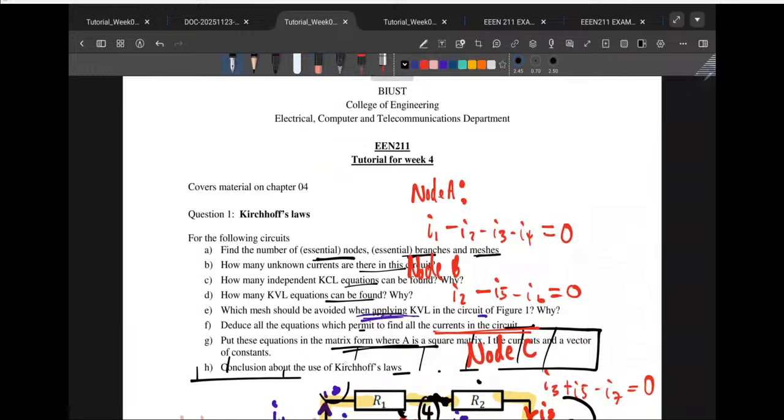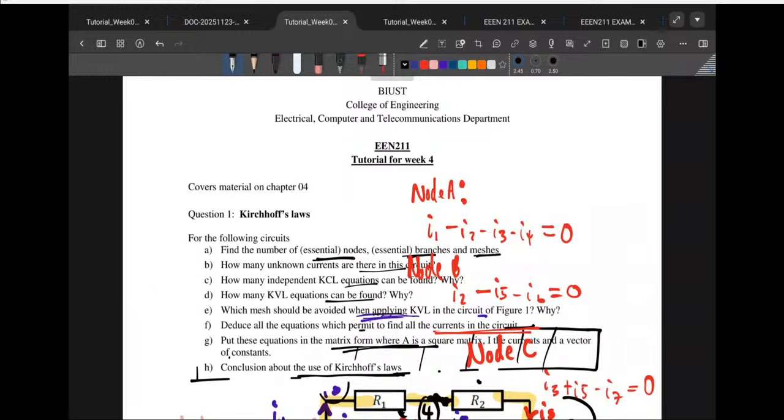Here it says conclusion about the use of Kirchhoff's laws, when you're not putting them into matrices. What can you say about the conclusion? You can talk about how this is going to be a very long calculation.